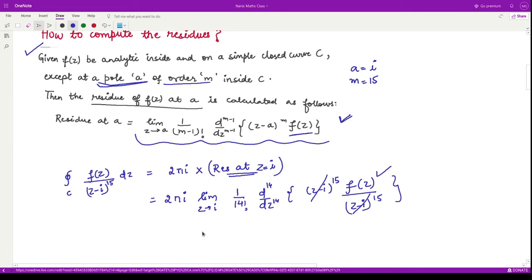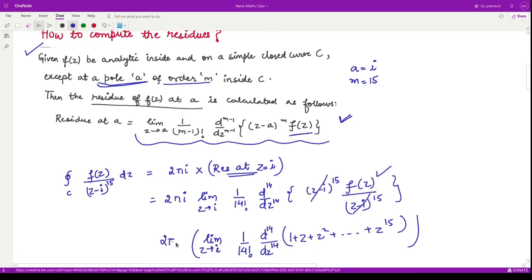F of z was given to be the series of this kind, 1 plus z square up to z raised to power 15, right? And we have to take the derivative of this particular function 14 times, and whatever is the resultant, you will multiply that by 1 upon 14 factorial, and then take the limit z going to iota, and then multiply this whole thing with 2 pi iota.